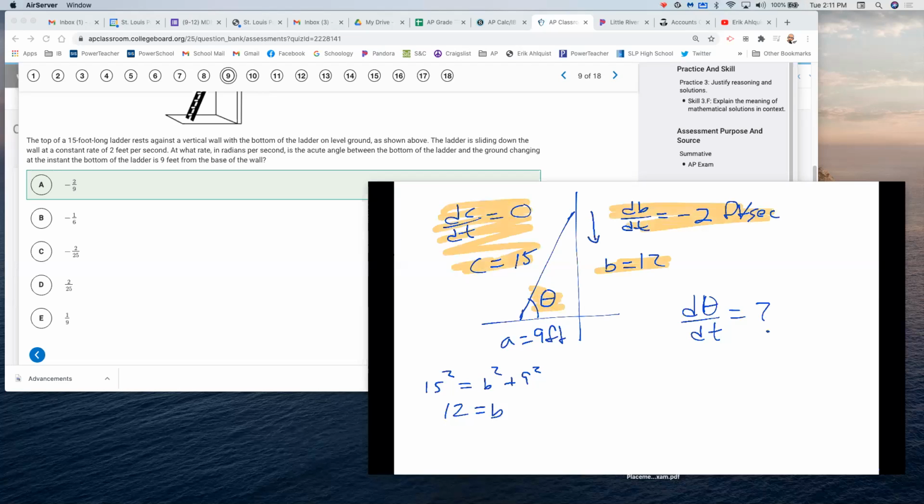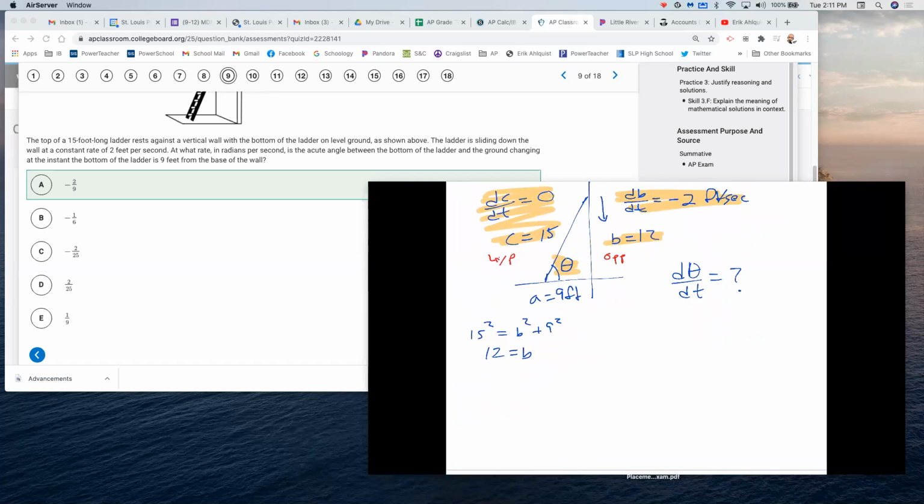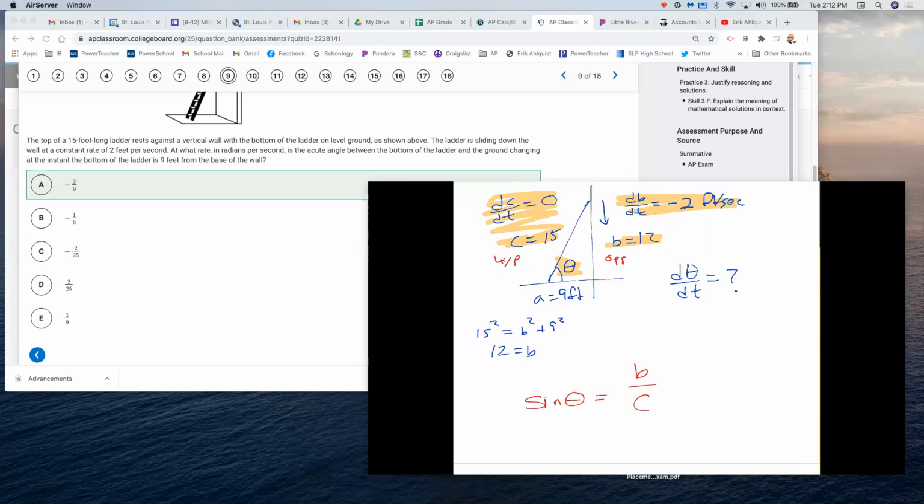If you think about that angle, this side is the opposite side. This side is the hypotenuse side. So which one am I going to use? I'm going to use the sine, right? Does that make sense? So I'm going to write the sine of theta is equal to the opposite side divided by the hypotenuse. And now I'm going to differentiate it.